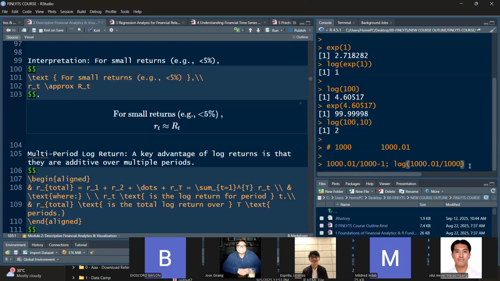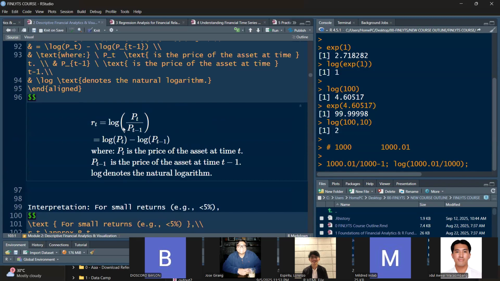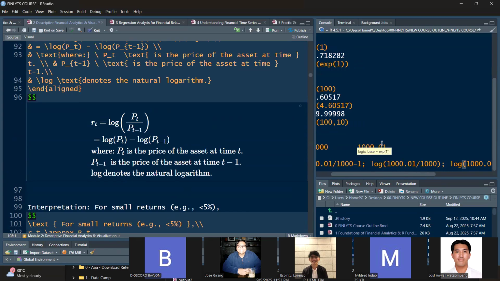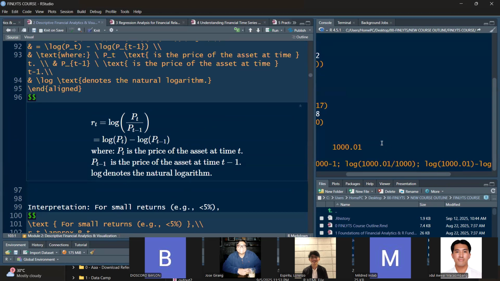And then another one, just to show that the formula is equal to log minus log: log of 1,000.01 minus log of 1,000.